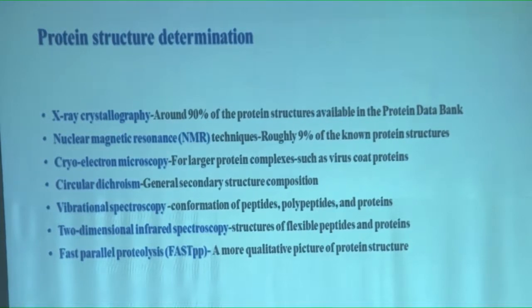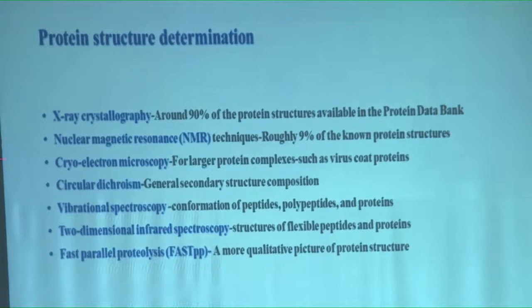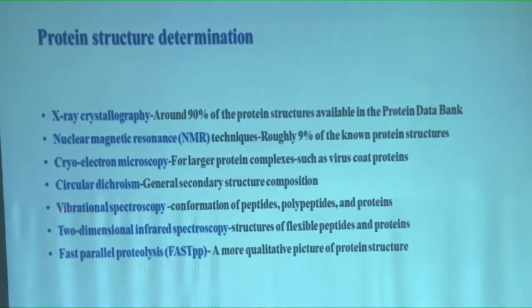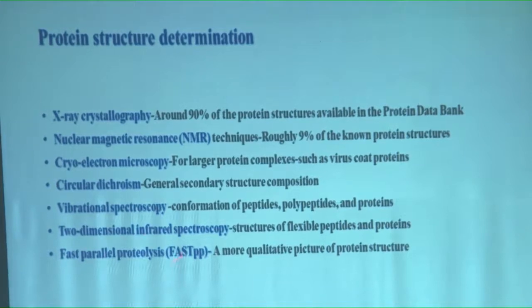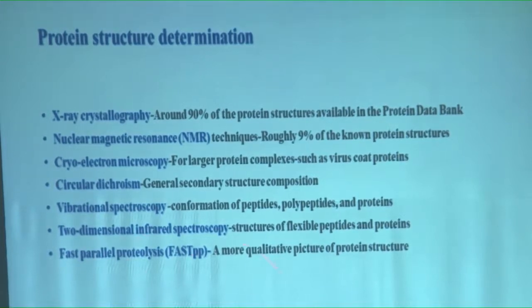This is one of the innovative areas where people are working to generate the protein structure through cryo-electron microscopy. There are some other processes like circular dichroism, vibrational spectroscopy, two-dimensional infrared spectroscopy, and another recent one is, we say, fast PP.